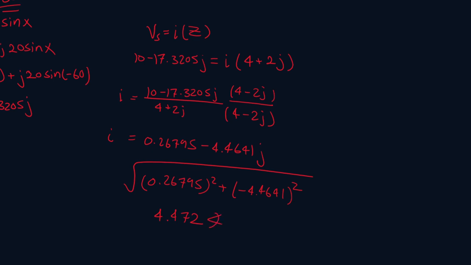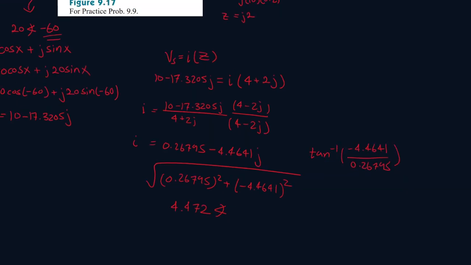And then the phasor part, it'll just be tan inverse the imaginary part, which is 4.4641, all over the real part. The reason it's the imaginary part first is because if you were to set this up on a Cartesian plane, the imaginary number is on the y-axis and the real part is on the x-axis. So it'll be minus 4.4641 divided by 0.26795, tan inverse of that, and you get theta to be minus 86.56 degrees.